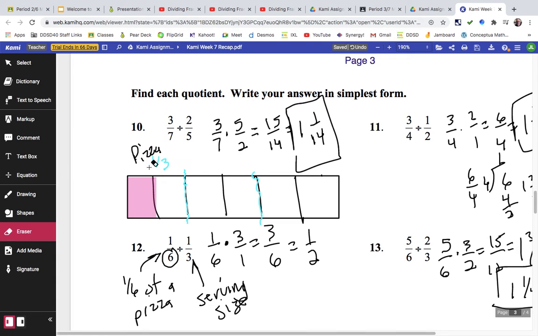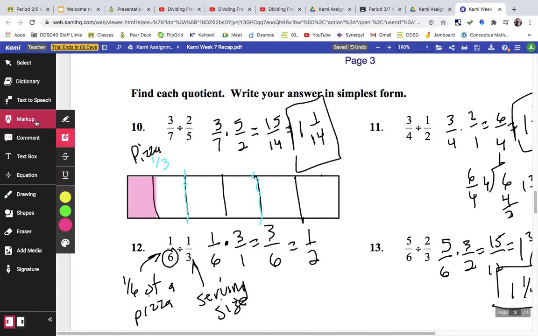Okay, we get the idea. That's 1/3. I'm going to stop trying to draw that. But I want to take this yellow and show you what a serving size looks like. It looks like this right there. Notice that the serving size is 1/3 of this entire thing, and the 1/6 is only half of that. Watch again. So my 1/6 is right here.